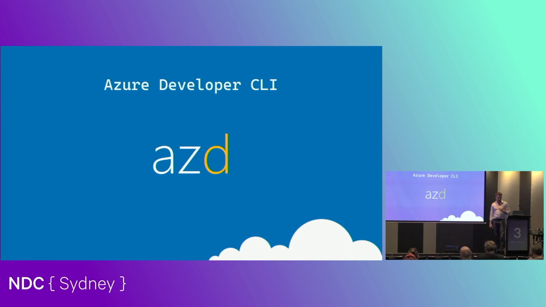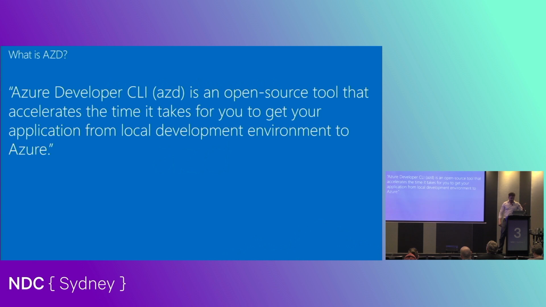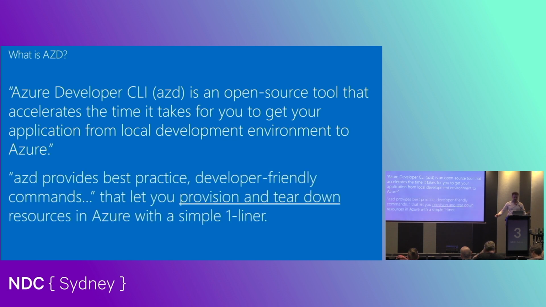And if you read the text, it's an open source tool that accelerates the time it takes for you to get your application from local development environment to Azure. Cool. We can deploy with it or set up infrastructure. AZD provides best practice developer-friendly commands that let you provision and tear down resources with a simple one-liner. So you can remove stuff from Azure with this.